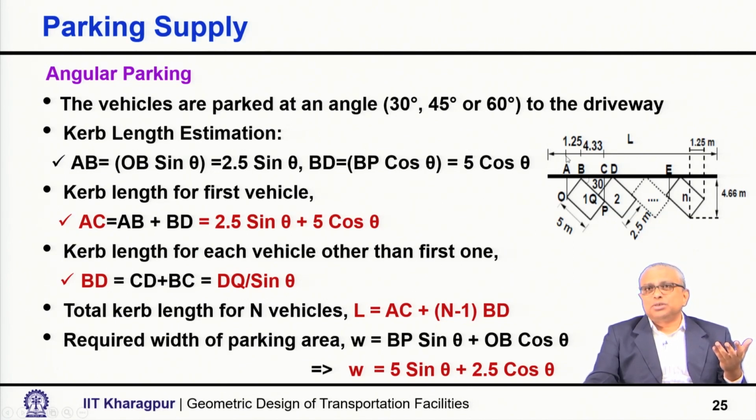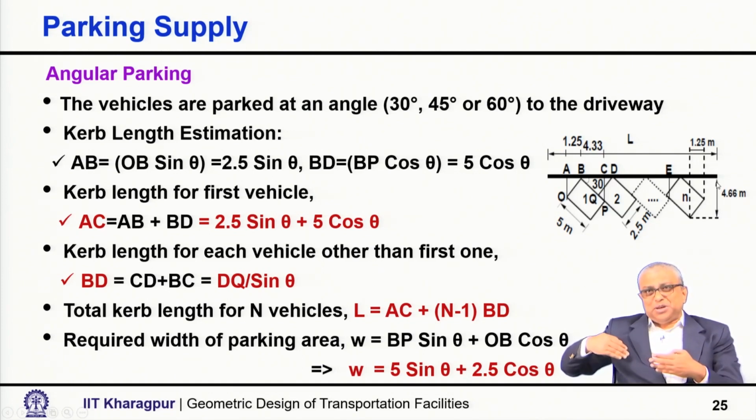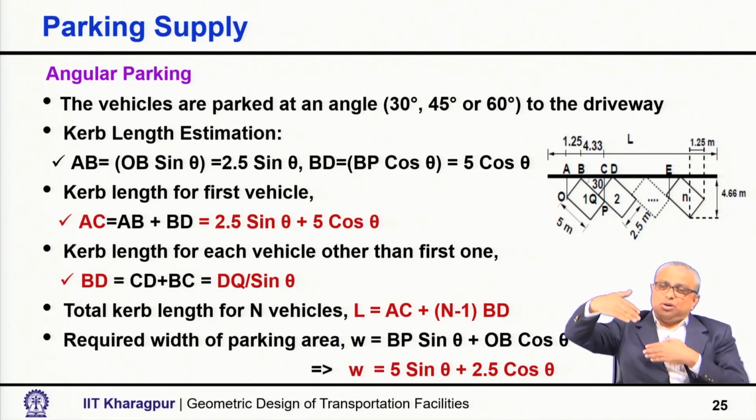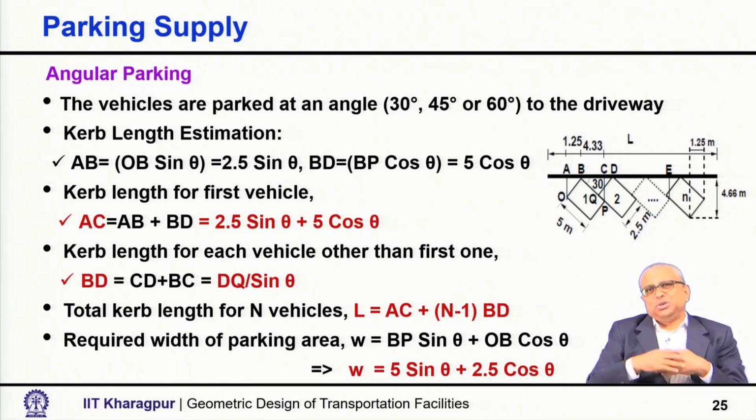That means, what will be the L and what will be the width. This is the effective width till the last part of the corner of the vehicle body.